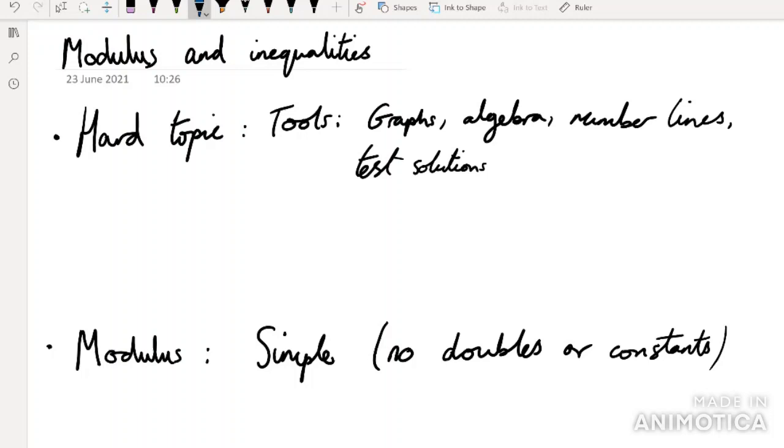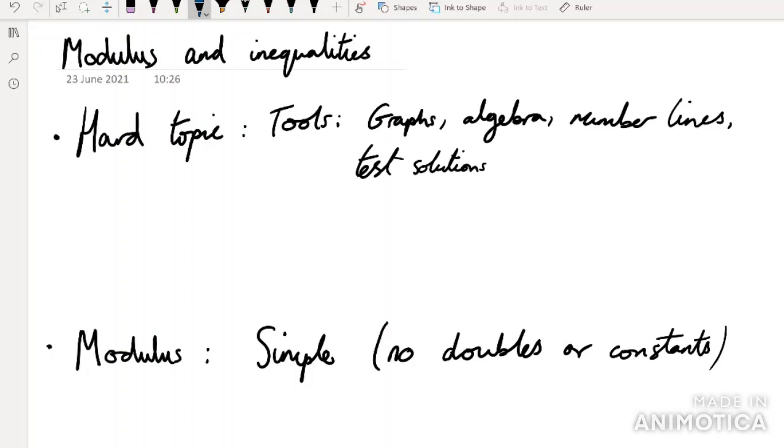So I want to start off by saying that modulus and inequalities is a nasty topic. It's probably the most advanced maths you get on the GMAT. And so in that sense, you potentially need to know the most stuff in order to have a good grasp on the topic.